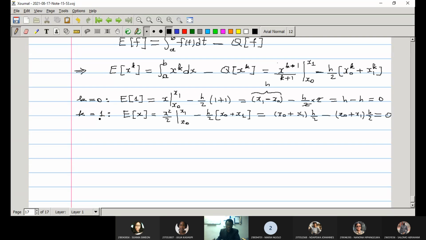Now you have to show that when k is equal to 2, this error is not 0.